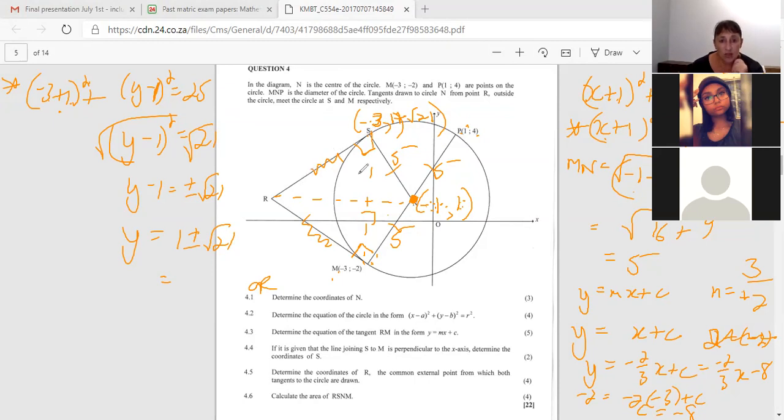Or how else could we find this area? They never said that R was directly across from N. How do we know that that is directly across from that? Can we assume that, and why?